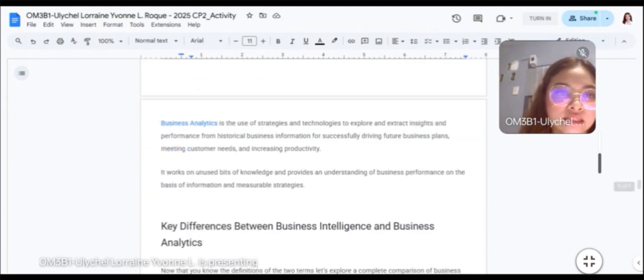Business analytics is the use of strategies and technologies to explore and extract insights from historical business information for successfully driving future business plans, meeting customers' needs, and increasing productivity. It works on unused bits of knowledge and provides an understanding of business performance on the basis of information and measurable strategies.